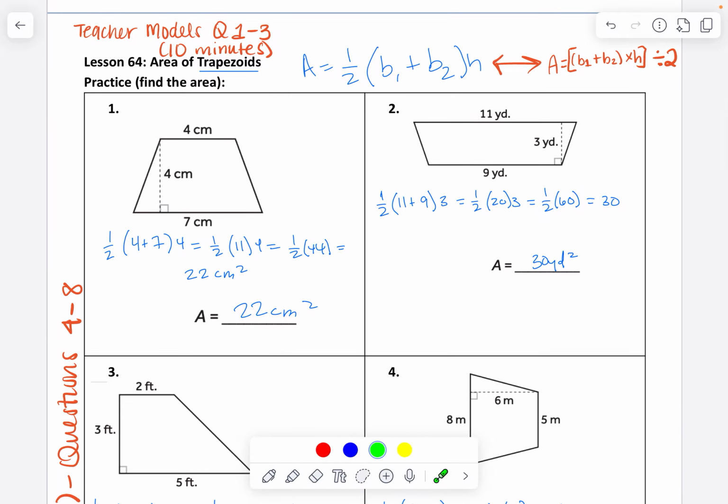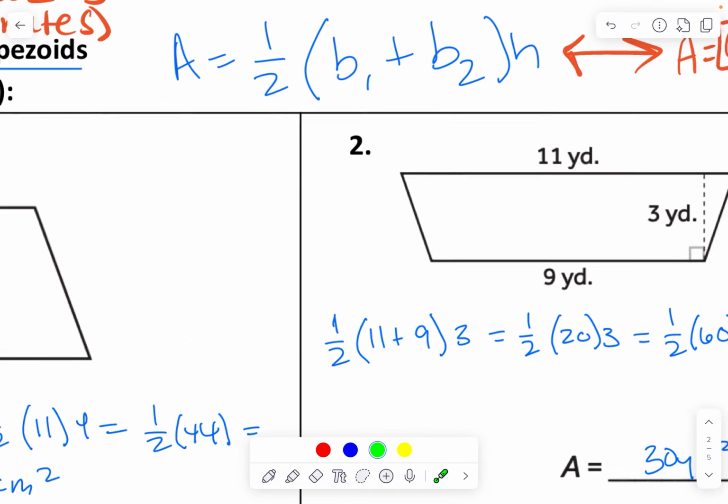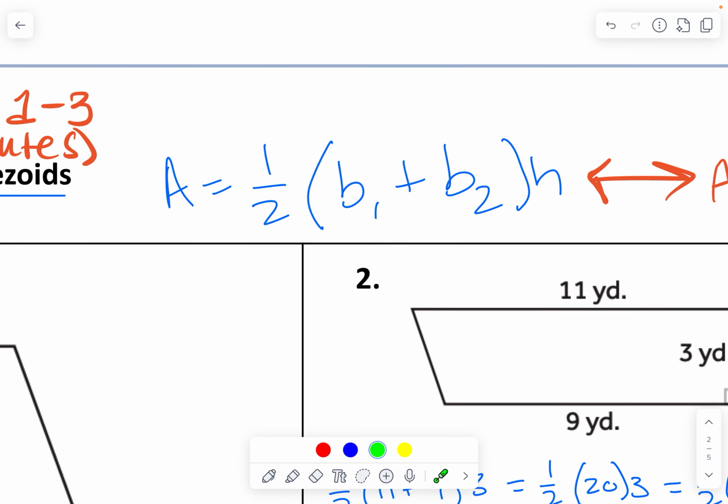We're going to model questions 1 through 3. This formula is quite complex. It has multiple parts, and students may struggle or throw fits if we don't take our time with it. So let's really take our time. Now, I want to go over the different formulas.